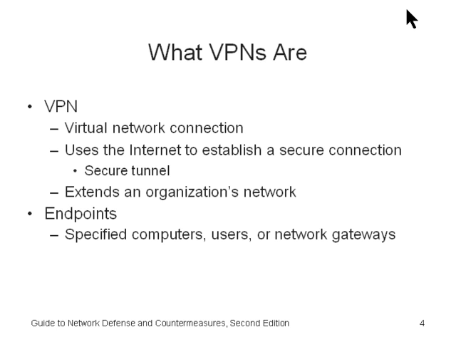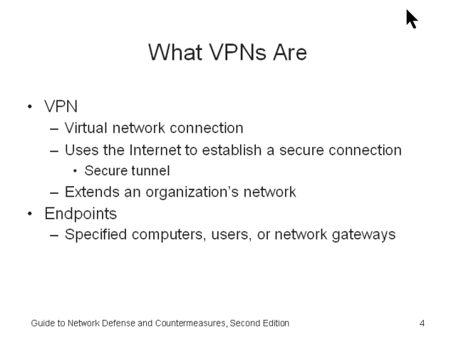So essentially what a VPN does, it uses the internet, an insecure channel, to establish a secure connection through a secure tunnel. And by doing this, you're extending your organization's network. So physically we know that within a network, if we have secure boundaries, somebody is unable to listen in on our communications within a network.